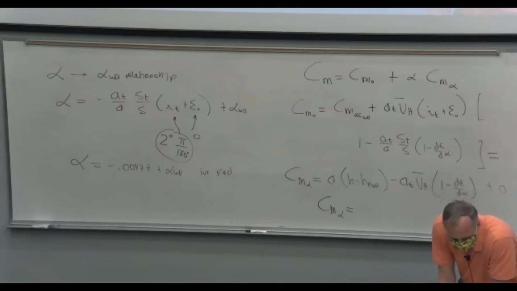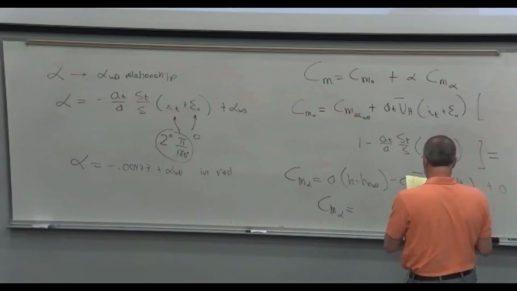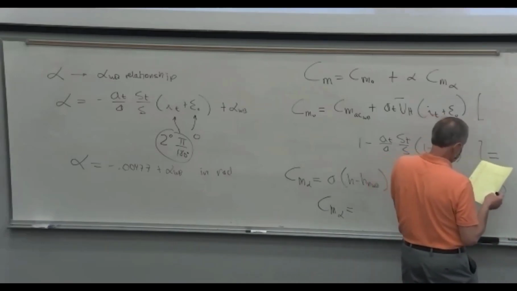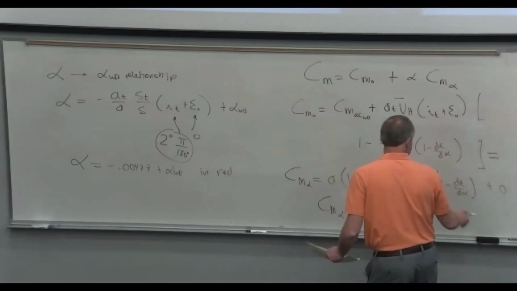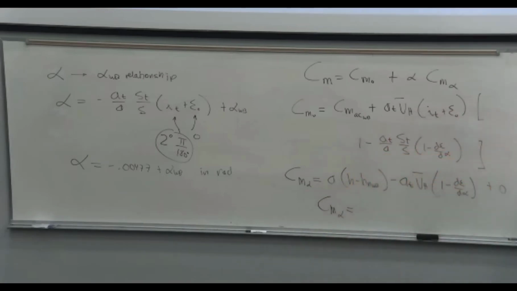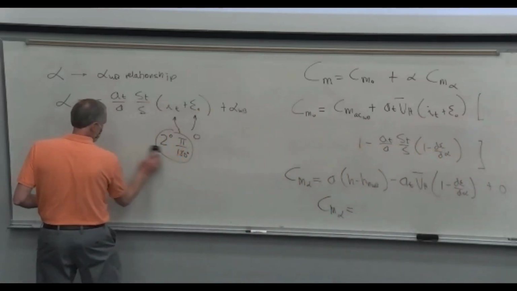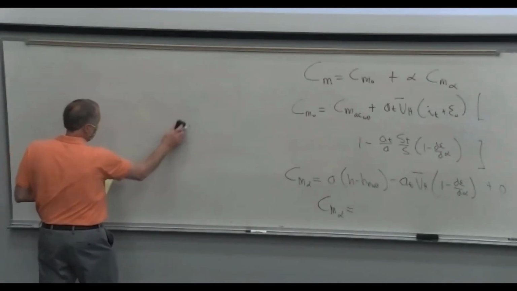I see a Cm0 of minus 0.1004. I'm running out of room. Let's go over there. That was on Zoom, by the way.